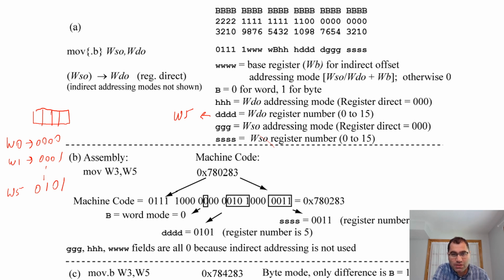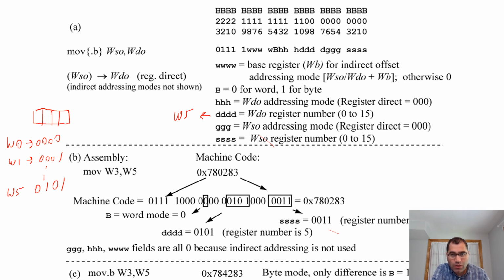Okay, so SSSS, which is the source, which is W3. W3 is going to be 0011, right? So 0011, that's equal to 3.